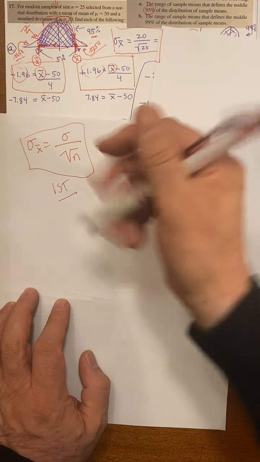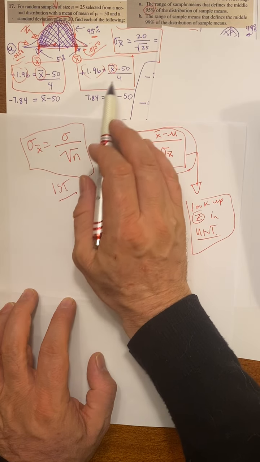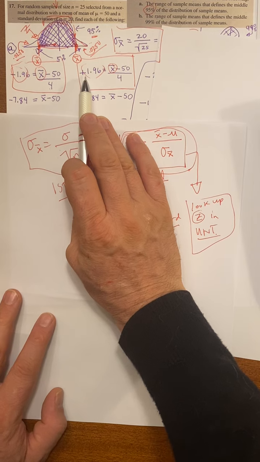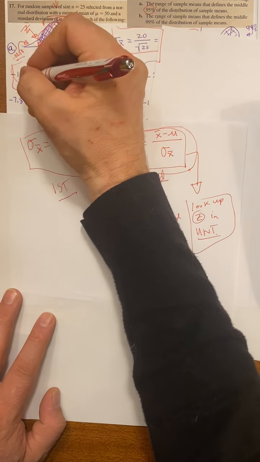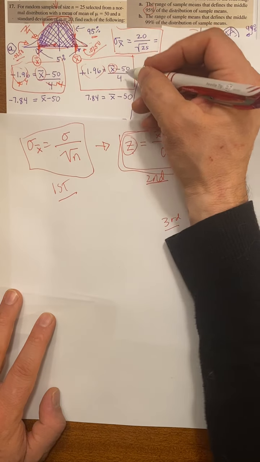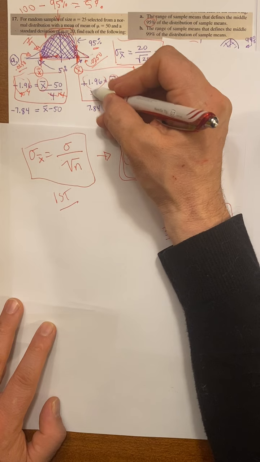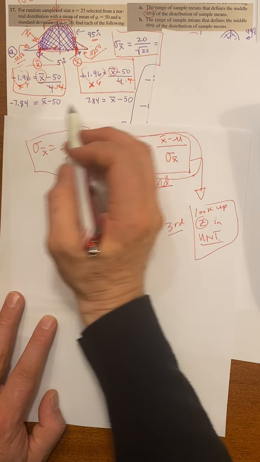And so here it's a negative 7.84 because of that negative sign. Over here it's a positive 7.84 because of that positive sign. So canceled out there, multiplied it there, canceled out here, multiplied it there, and so that's how I got the 7.84 on each side.